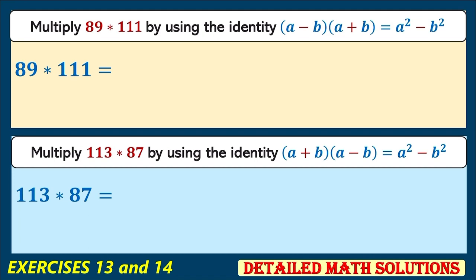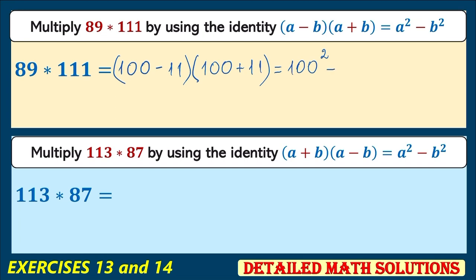This way, this equals (100 minus 11) multiplied by (100 plus 11), which equals 100 squared minus 11 squared, or 10,000 minus 121.